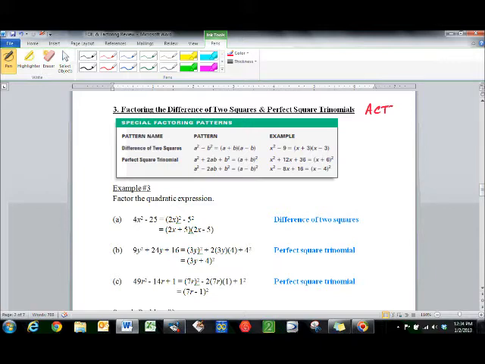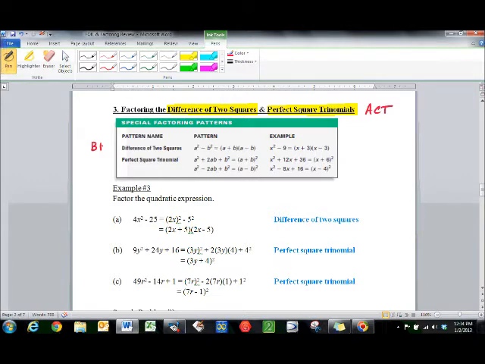Now, the two patterns that we're going to be discussing are called a difference of squares and perfect square trinomials. The first most obvious thing is that a difference of squares is a binomial expression that can be split up into two separate binomials.